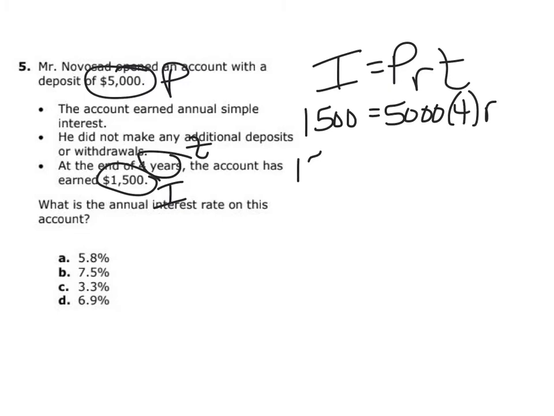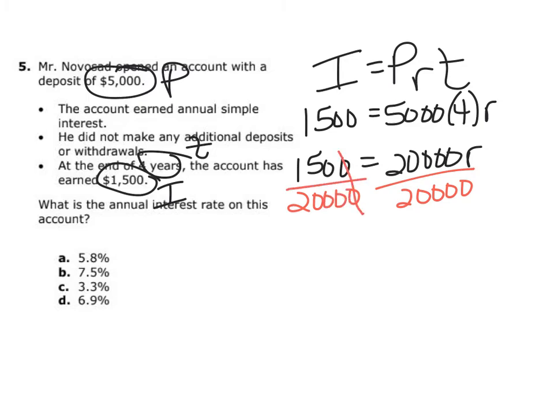So now I'm going to do 1,500 is equal to 5,000 times 4 times the rate. I know 4 times 5 is 20, and then I'm adding the zeros. We still don't know what the rate is. Now we're going to divide by 20,000.